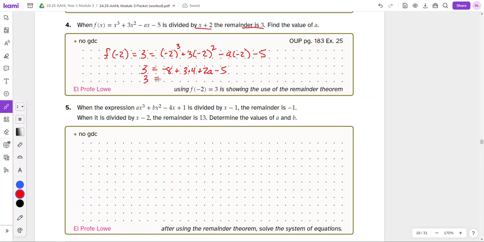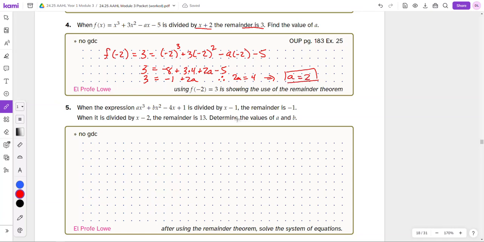So 3 has to be equal to negative 8 plus 12, that's 4, minus 5, that's negative 1. So negative 1 plus 2a. And so therefore we know that 2a is equal to 4, which implies a is equal to 2. So the value of a happens to be 2.